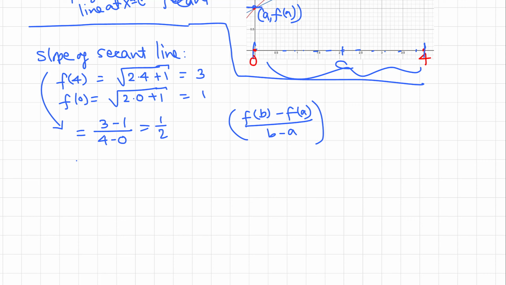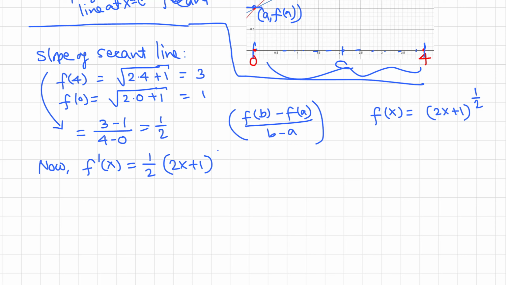Now we need to find the slope of the tangent line. For that we find the derivative. What is the derivative of this function? Our function is the square root of 2x plus 1. Square root means (2x plus 1) raised to 1/2. From the chain rule, its derivative is, from the power rule, 1/2 times (2x plus 1) raised to 1/2 minus 1, negative 1/2, times, from the chain rule, the derivative of the inside, so 2.